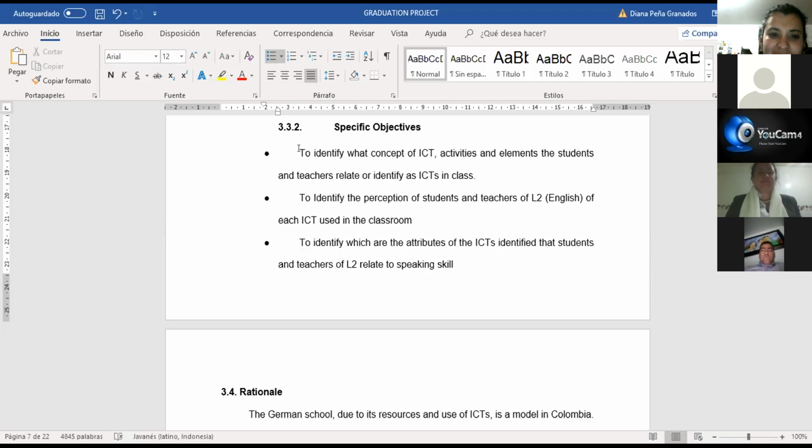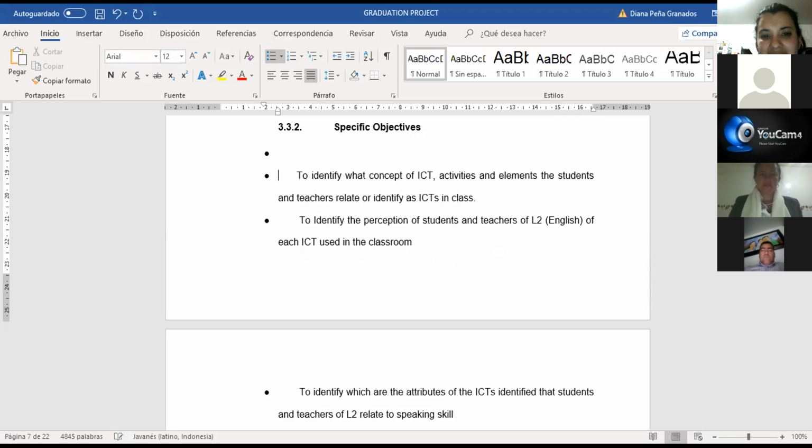So to identify teachers' beliefs regarding ICT. To identify concept, teachers' beliefs.